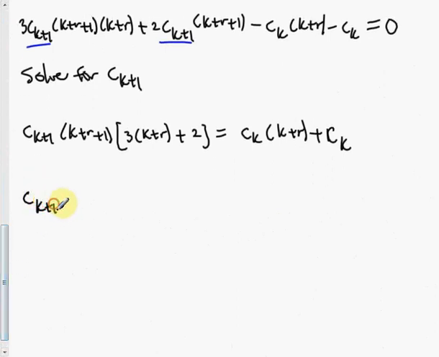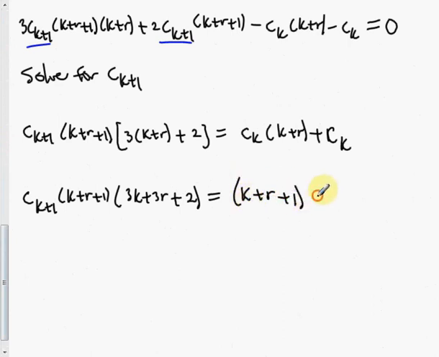This is c sub k plus 1 times k plus r plus 1, parentheses, this is 3k plus 3r plus 2. That's equal to k plus r plus 1 times c sub k. Uh-oh. How did I go from c sub k times k plus r plus c sub k to k plus r plus 1 in parentheses times c sub k?